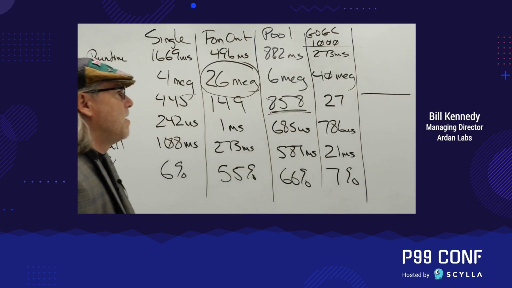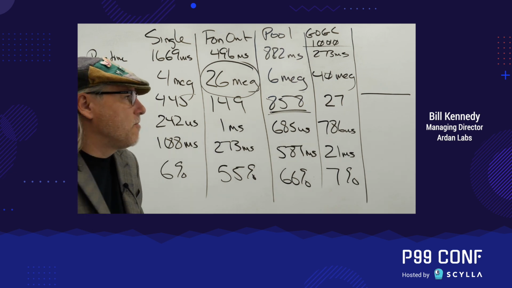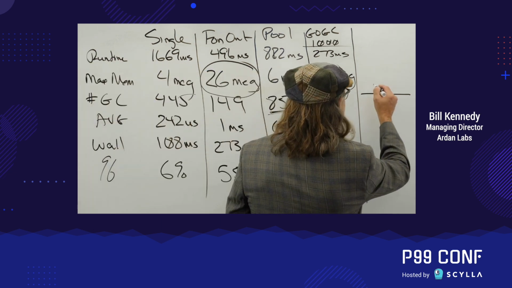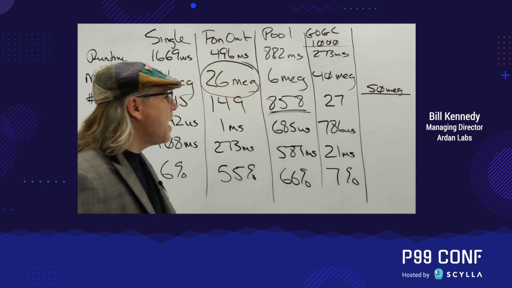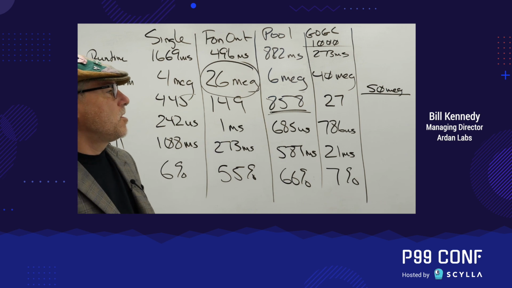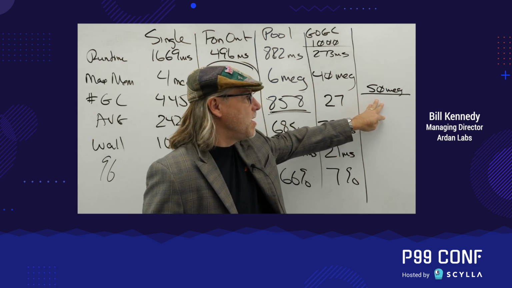We know that when we run with a 40 meg heap, life is pretty good here, right? Maybe what I can do is tell the garbage collector this. Just give it a little bit more room. Say, hey, Go, garbage collector, I want you to cap my memory limit at 50 meg.